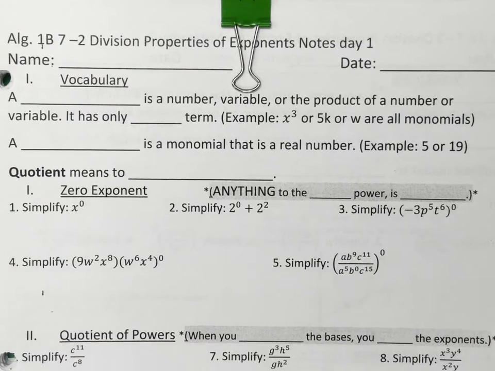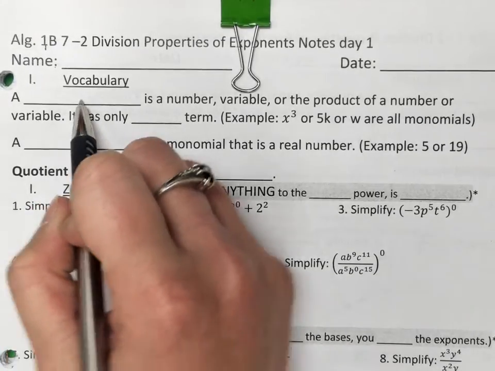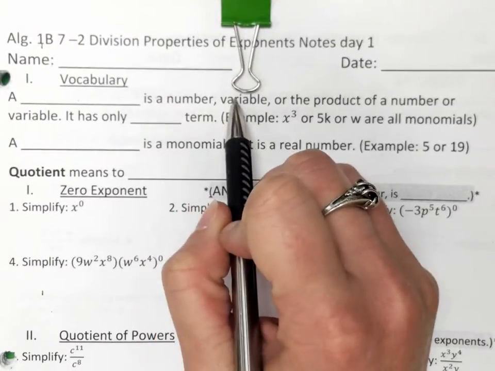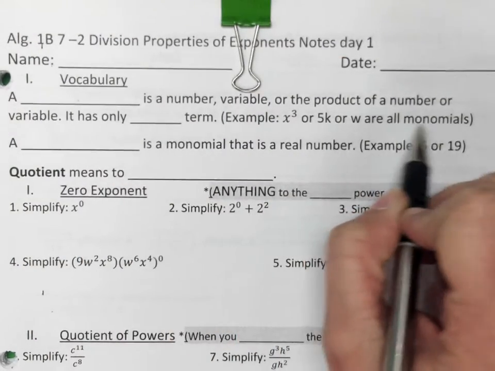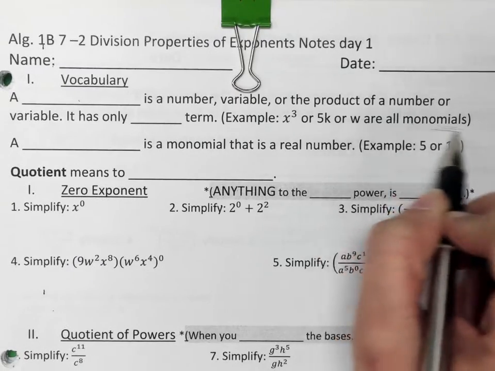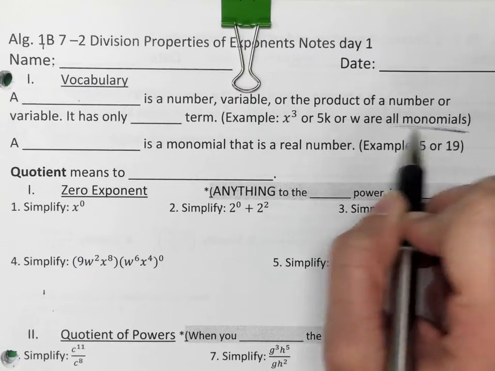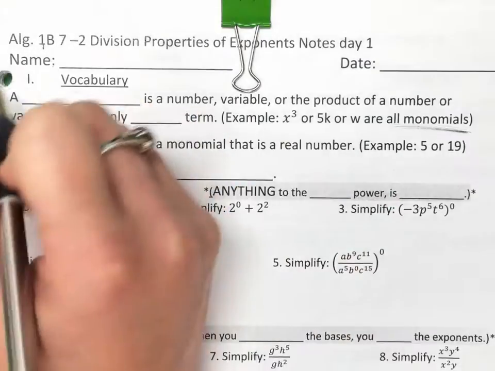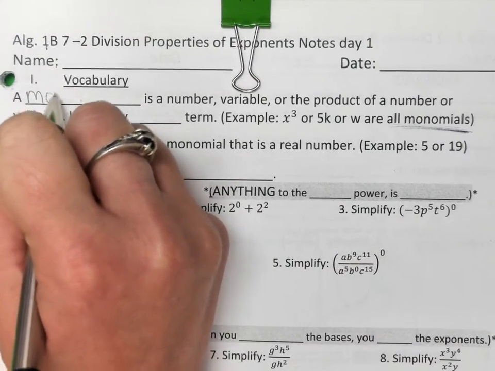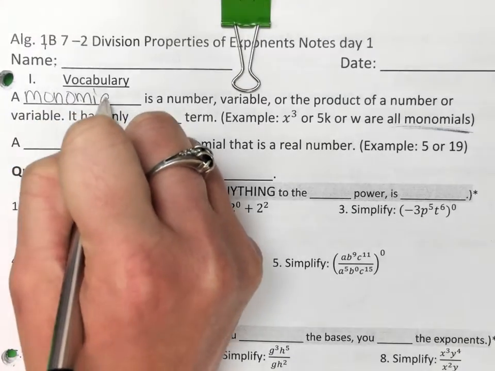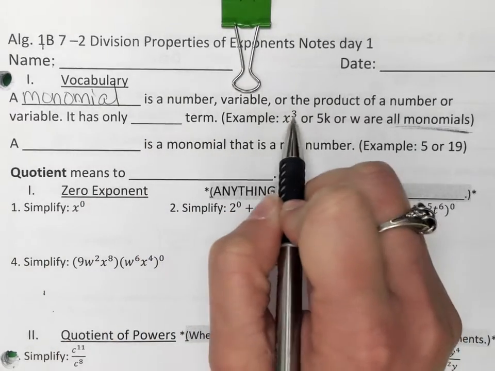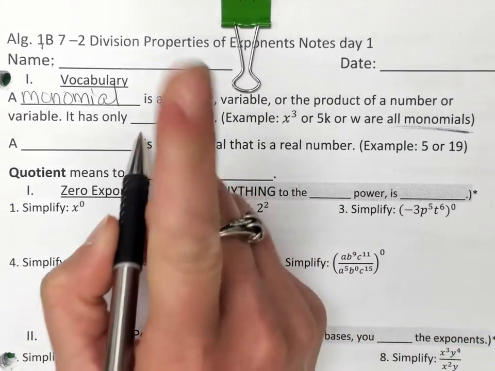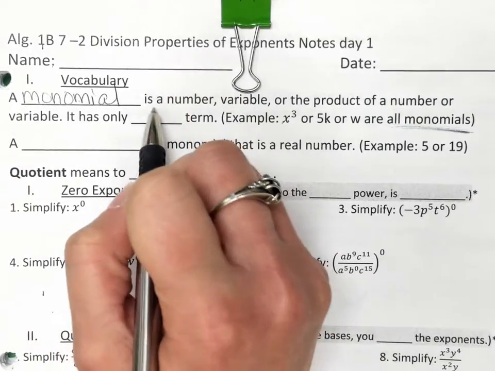All right, so we've talked about these before. We talked about this last time. A blank is a number, variable, or the product of a number and variable. So they have one term, right? What do they call them? Monomials, just like science, right? How many terms do they have? 1.